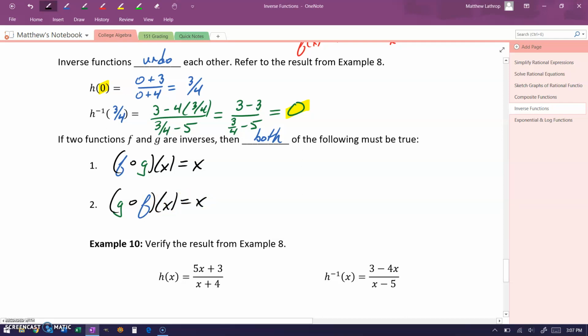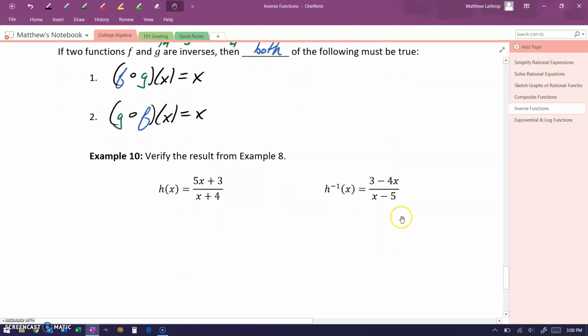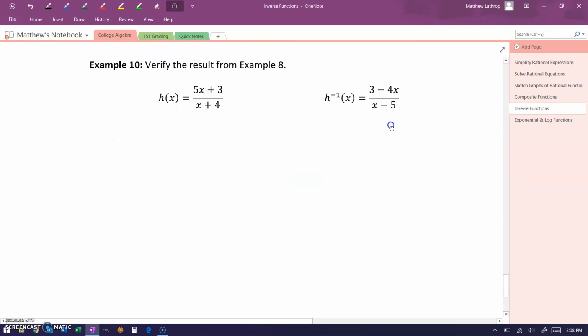So we need to take both compositions in both orders and verify that the end result for both is equal to x. If we can do that, then we know that for all values of x, these two functions are inverse operations because they undo each other.